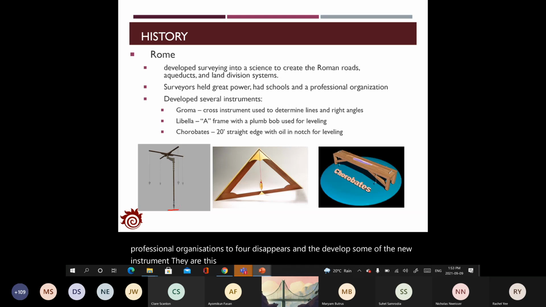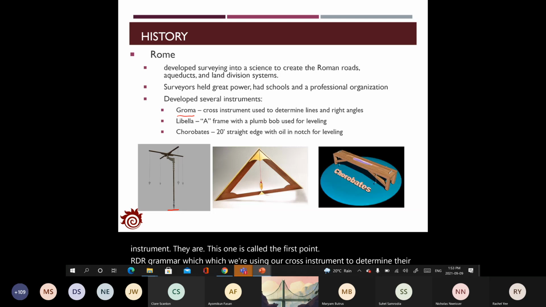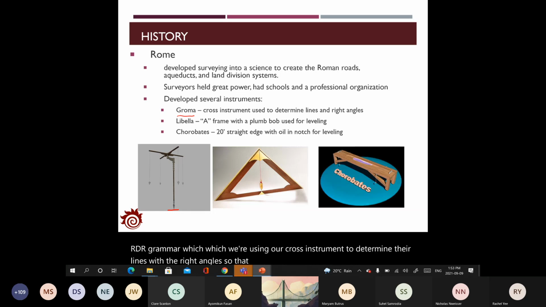The first one is called the groma, a cross instrument used to determine lines with right angles, so that they could divide the boundary into 4 pieces. The second one is called the libella, a kind of A-frame with a plumb bob, usually applied for leveling to make sure that multiple points are at the same elevation. And the last piece is called the chorobates.